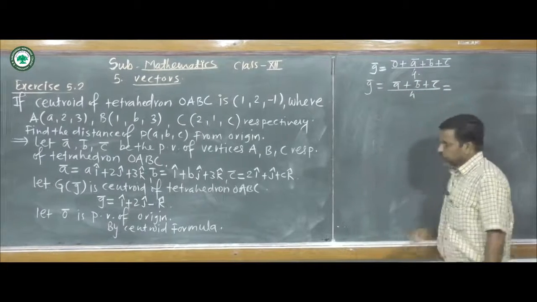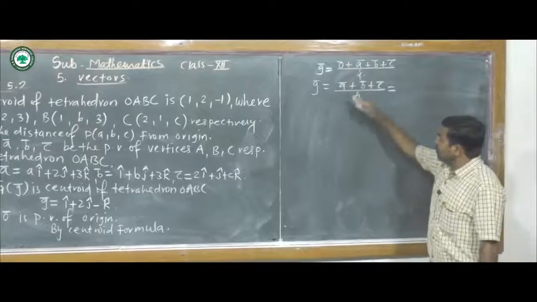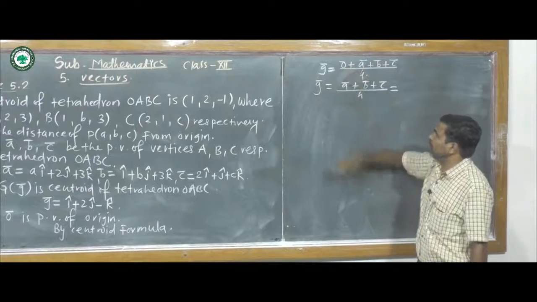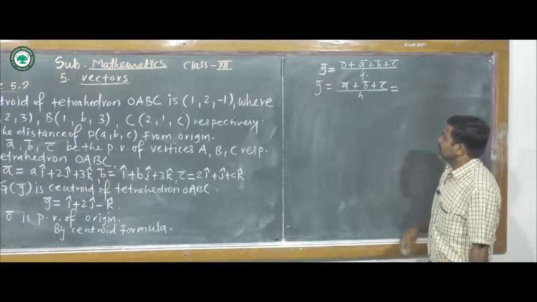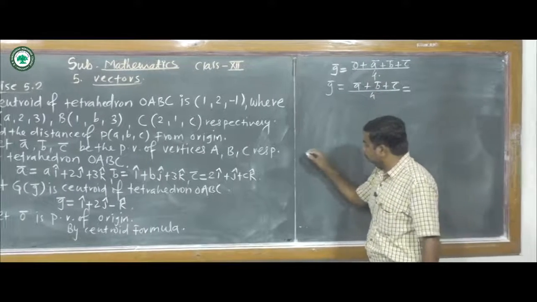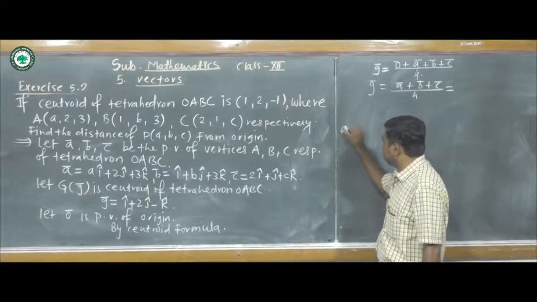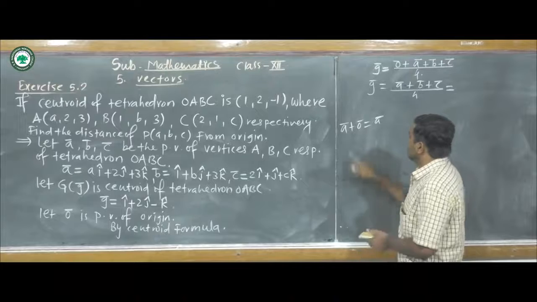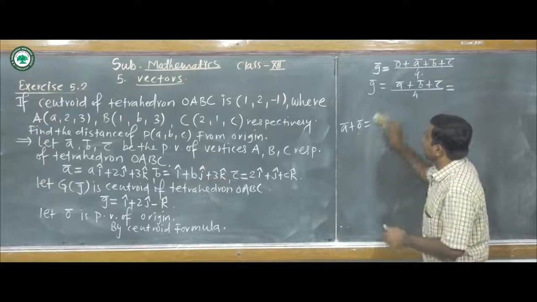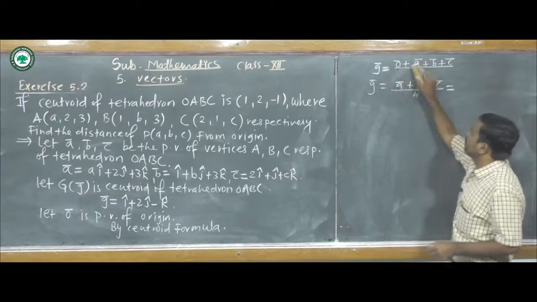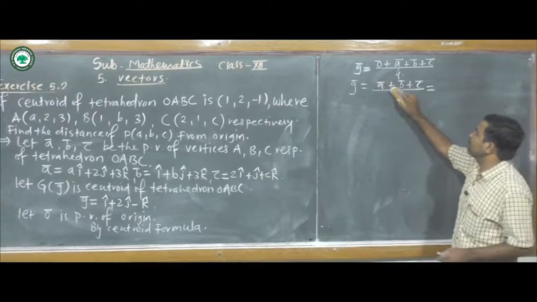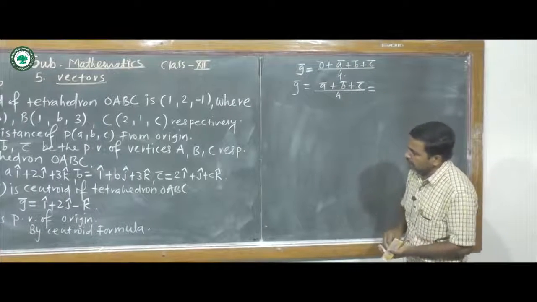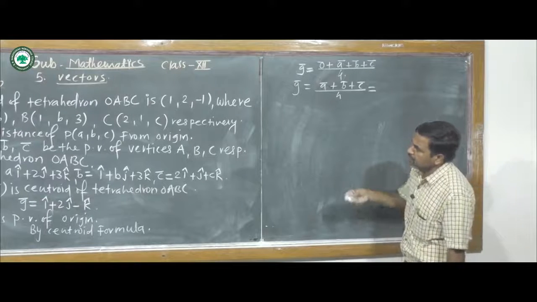Now here, if we add 0 vector to any vector, it doesn't matter. We know from the algebra of vectors that A bar plus 0 vector is equal to A bar. So with this property, it is vector A plus vector B plus vector C divided by 4. Now put the values of A bar, B bar and C bar. So what is A bar?